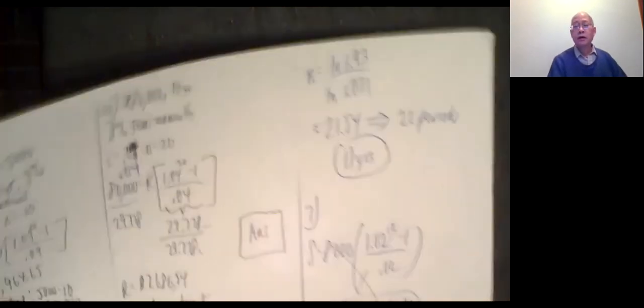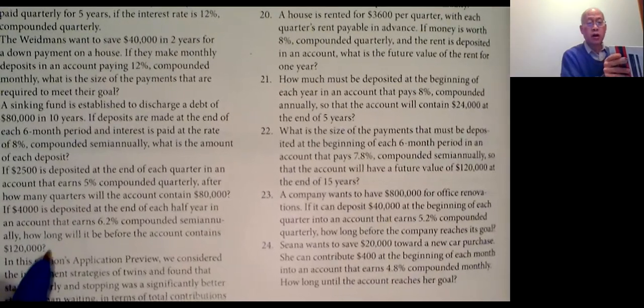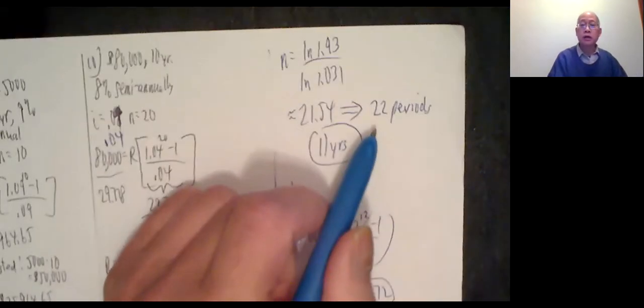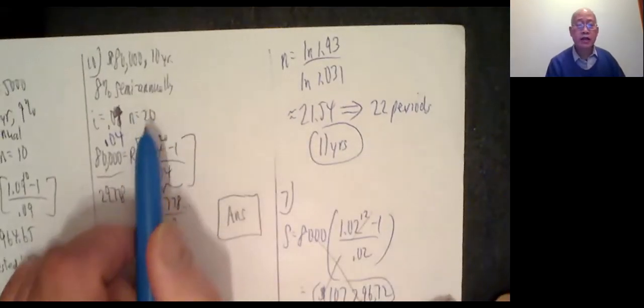But what's my final answer? The original question was how long, right? So that normally means how many years. We have the answer as 22 periods, so we have to go back to the original problem.